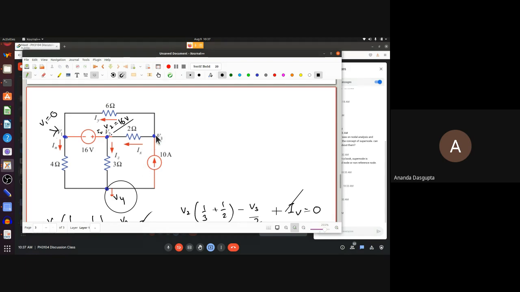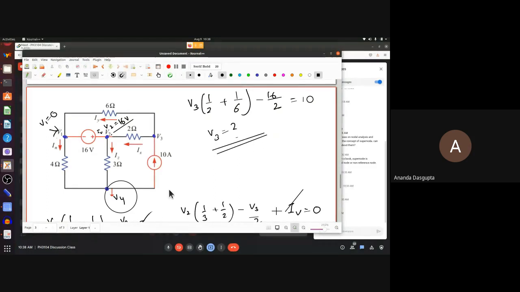For example, the equation for V3 now will be V3 into half plus 1/6. There will be no minus V1 by 6 because V1 is 0. Okay. There will be a minus 16 by 2. 16 volts here, 2 ohms resistance, equals 10. So that will tell you what V3 is. Immediate.